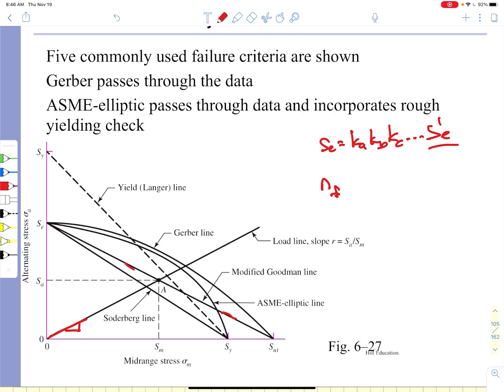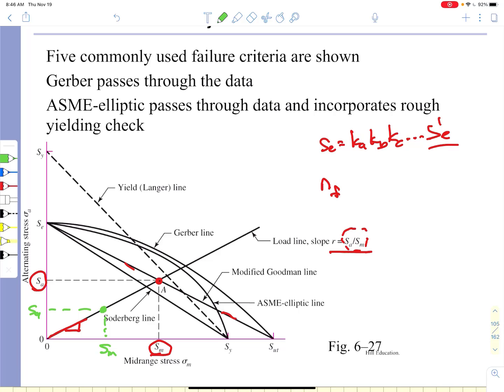So the loading line has a slope of stress amplitude divided by mean stress. The intersection with the Goodman line identifies this particular mean stress amplitude combination. But we may well have a stress amplitude mean stress combination that sits right here. So we have an SA and an SM, that is our mean and amplitude stresses, that sit right here.